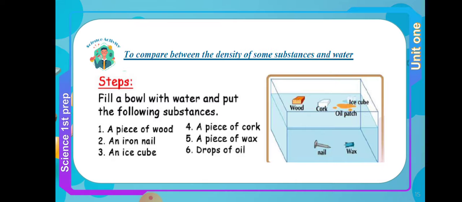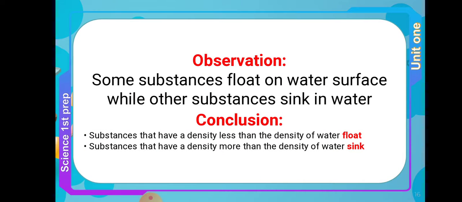Fill a bowl with water and put in these different substances: a piece of wood, a piece of cork, an iron nail, a piece of wax, an ice cube, and a drop of oil. What will we observe? We will observe that some substances float on the water surface and other substances sink in water.